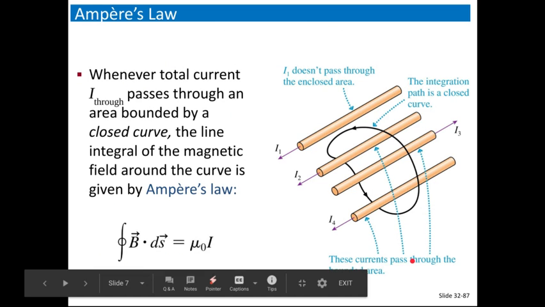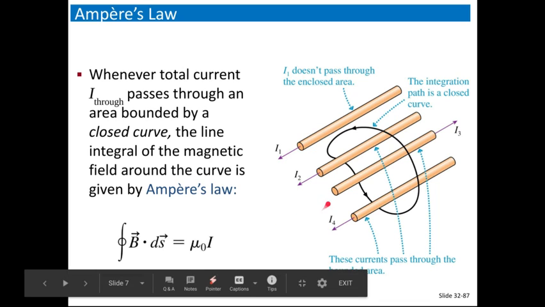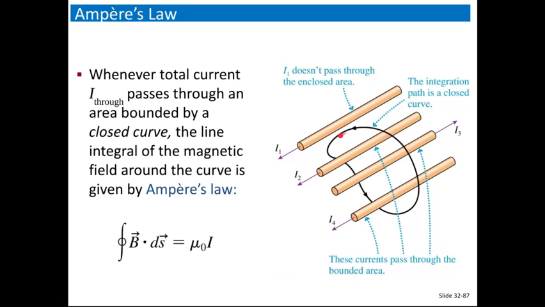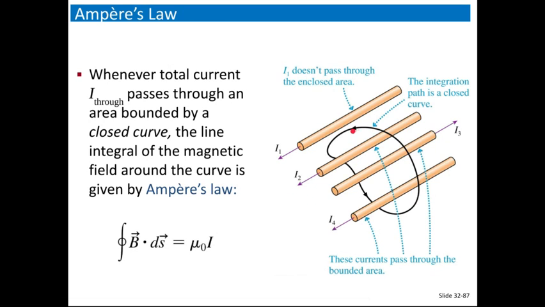And that is humongous. That right there is what we call Ampere's law. When you enclose current, the line integral around that enclosed current is going to equal nothing more than mu naught I. Now, it would be tough to figure out the line integral around a weird path, so the paths we will choose will be just like Gauss's law.